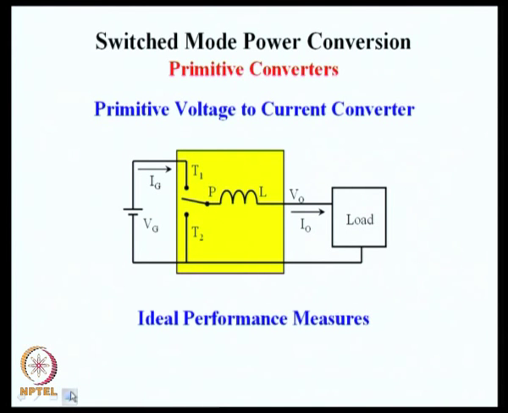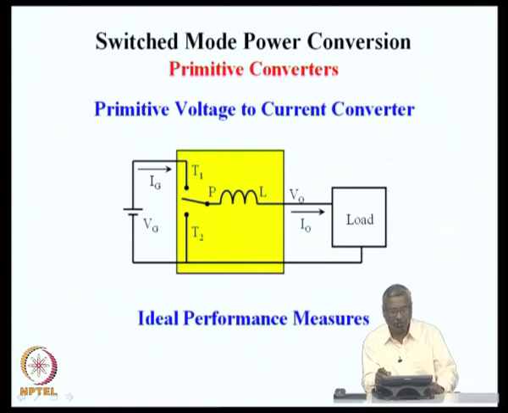The ideal performance measure is what we are interested in. So, during the ideal performance measure, we will consider every element in the converter to be ideal. All the switches, when they are on, will have 0 voltage drop across them, and when they are off, will have no current flowing through them, and the inductor will be a pure inductance with no resistance associated with that.